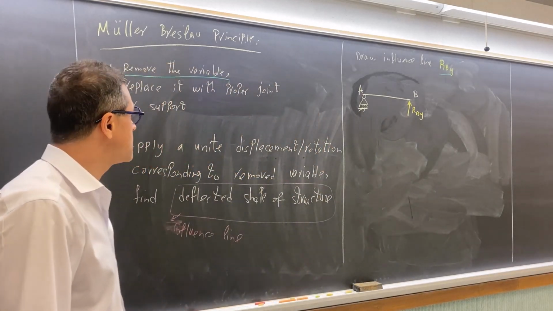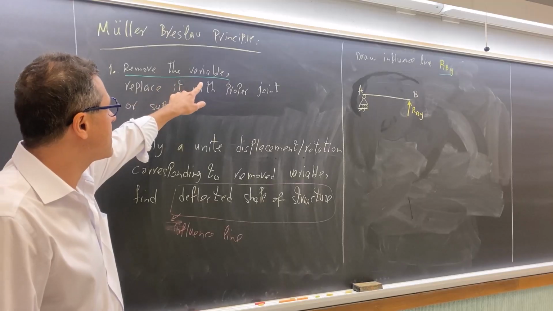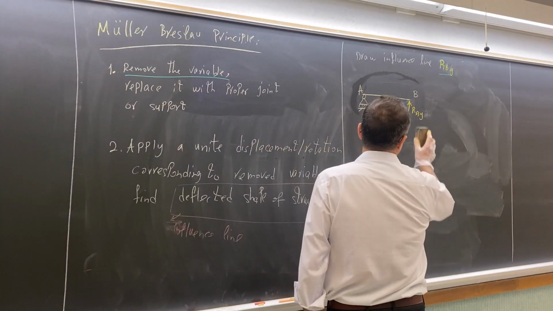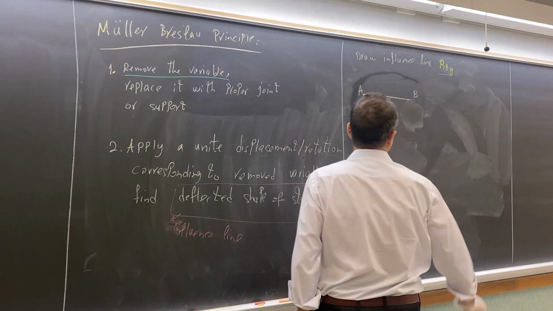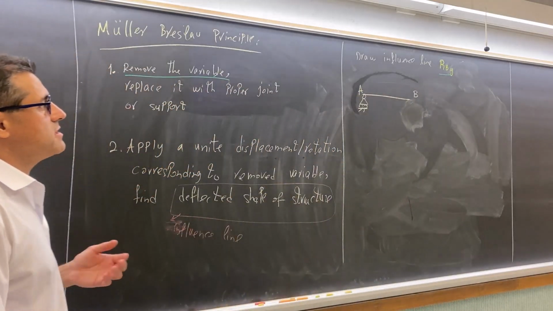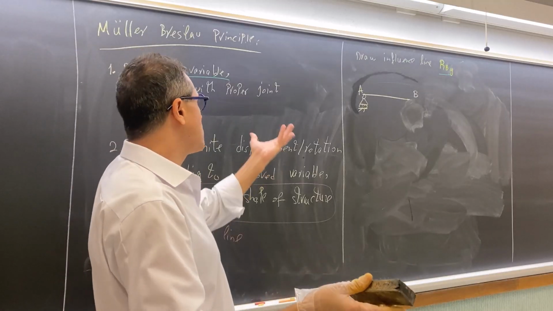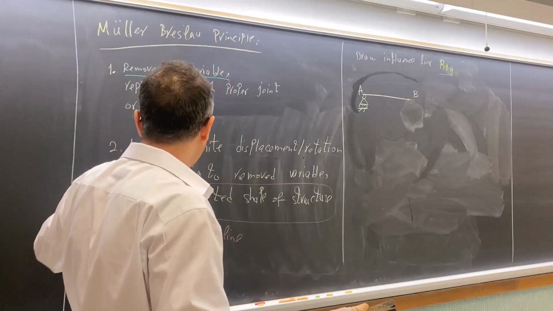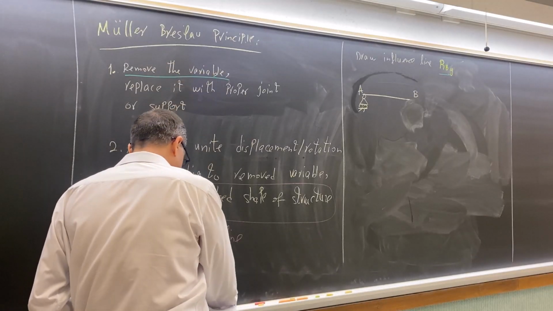Second step, remove the variable. Okay, remove it. I just erase it. Replace it with a proper support or whatever. Point B is free, we don't need to replace it with anything. And apply a unit displacement.